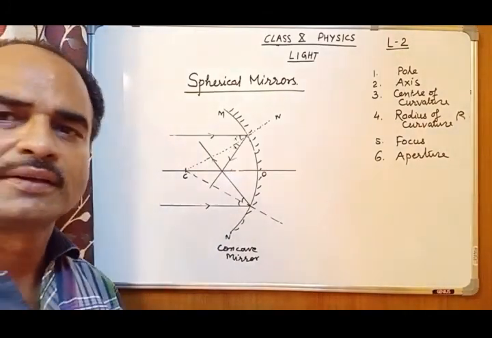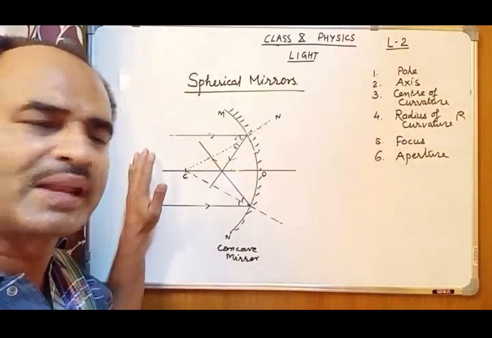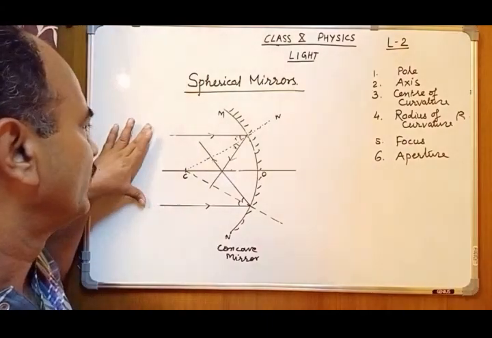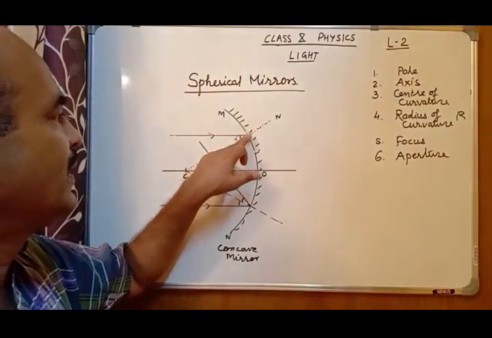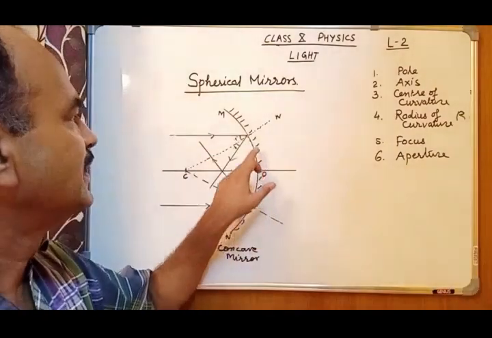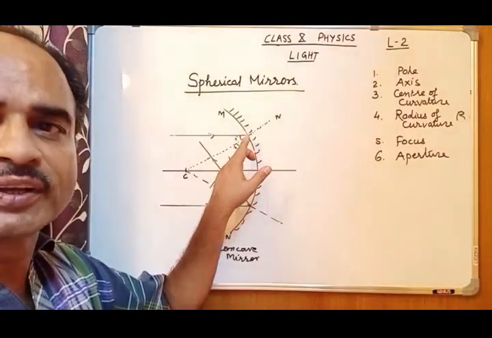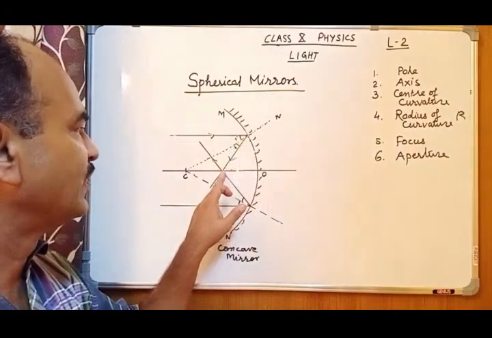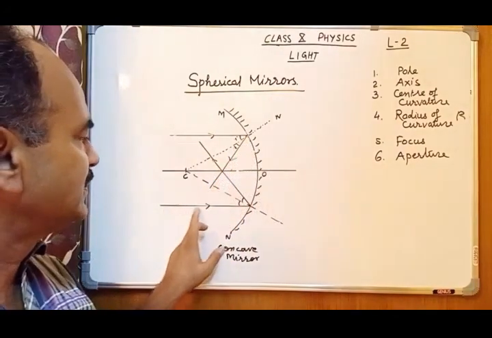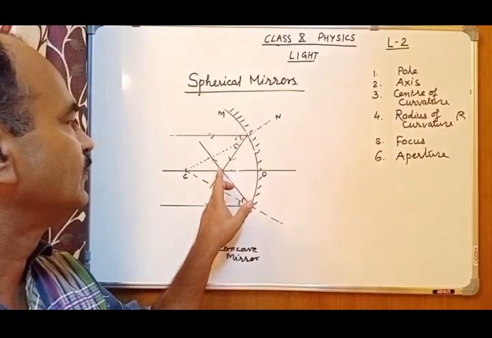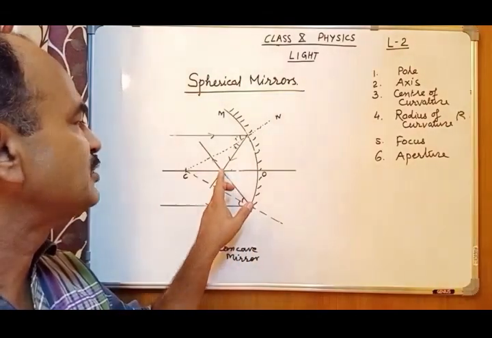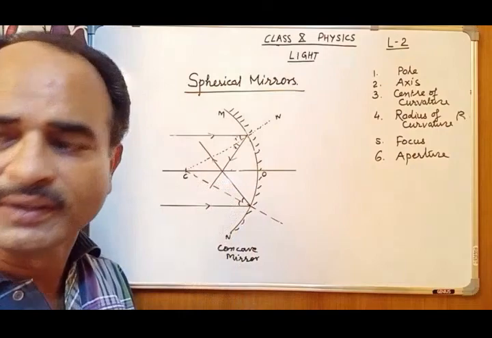In the second case, if the rays are coming parallel from infinity, falling parallel to the principal axis, then after reflection they will pass through one point. Similarly, this ray, coming parallel to the principal axis, after reflection will meet the principal axis at a common point.